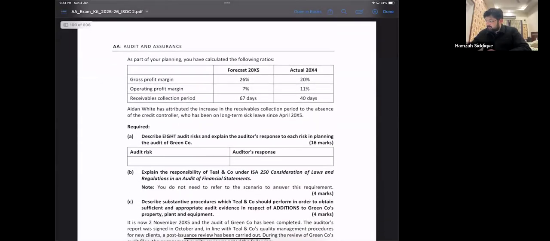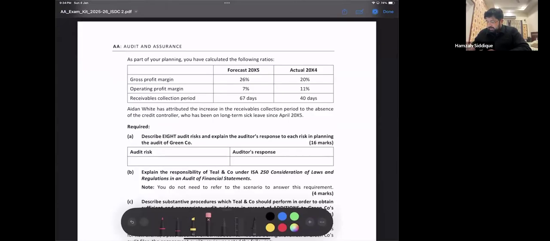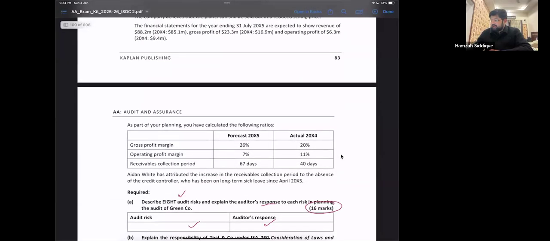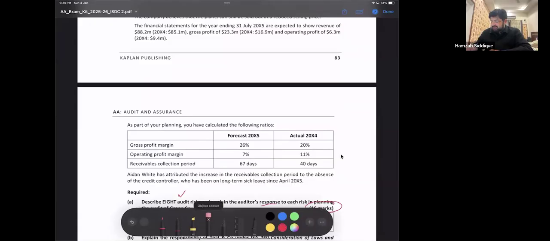Here is the requirement. Describe 8 audit risks and explain. You have to write in this. 16 marks. So please open it and start reading it, and I will be taking just 5 minutes. I'll be back and I will be discussing its answer with you.